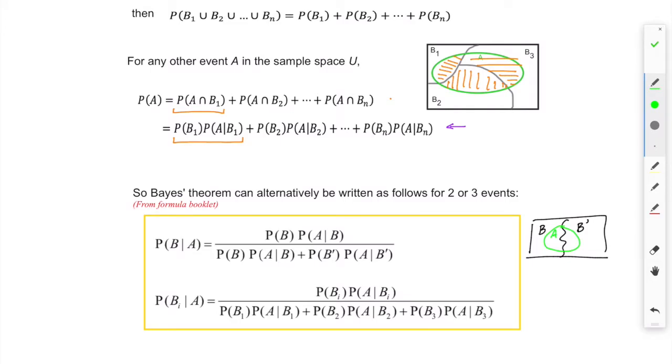The bottom formula deals with 3 partitions of your sample space. So you have, let's say, something like that. This is B1, B2, and B3, and once again, event A overlaps all 3 of them. Then you can adjust your denominator using the relationship that we have found. And the top part is still your P of A and B, really.